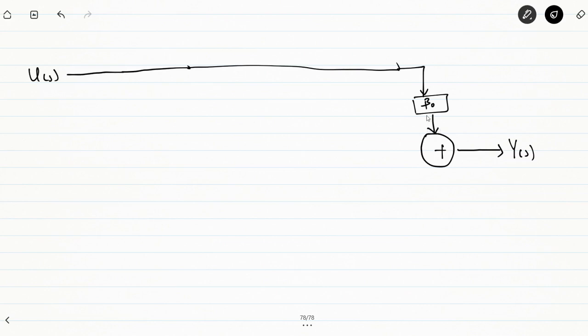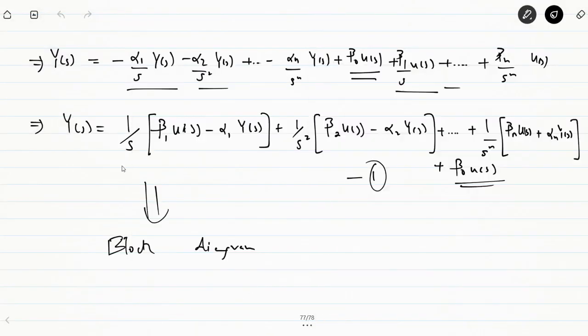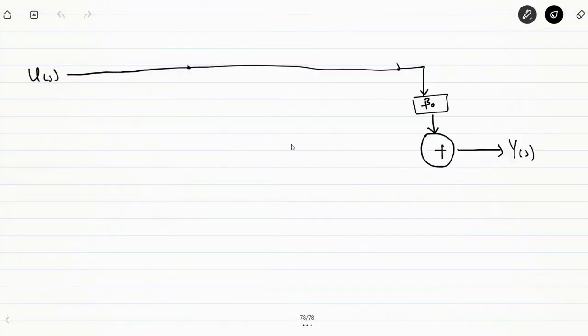Fine. बीटा नॉट यू ऑफ एस तो हो गया. अब आपकी फिर बाकी टर्म्स है, दैट्स पहली जो टर्म थी दैट वाज 1 by s beta 1 u of s minus alpha 1 y of s.